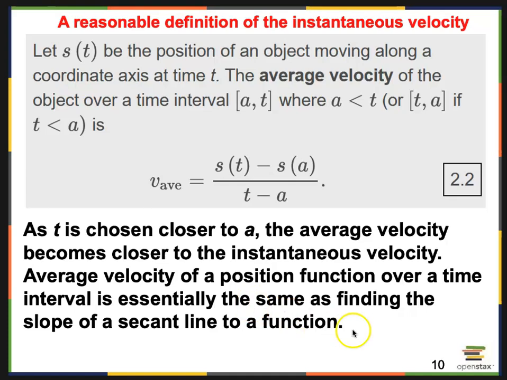So for average velocity, we're trying to be as close as we can to that point to see what the velocity is. Instantaneous velocity would be at that point, and we'll look at that here in a little bit. So average rate of change: find the slope of the secant line on an interval.